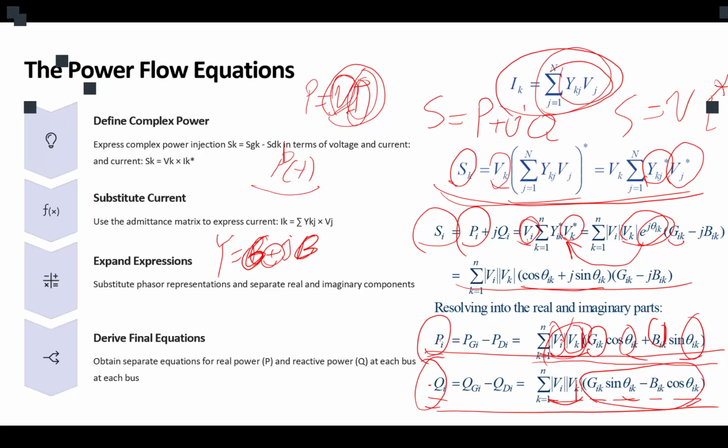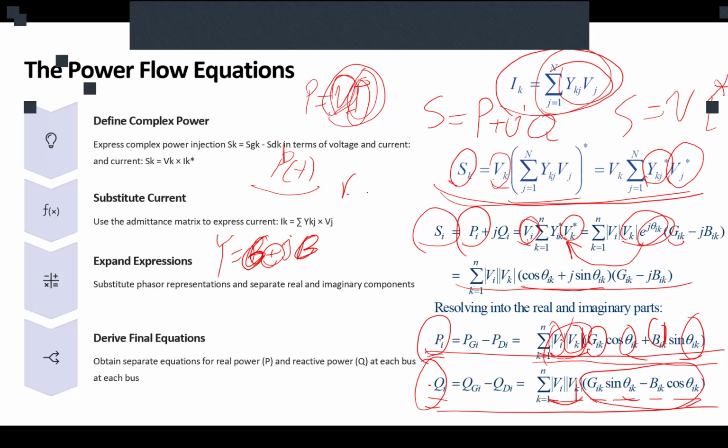Okay, if you run the analysis and find that the resistance R of those lines is basically going to 0, what happens to the admittance of that specific line is that G goes to 0.